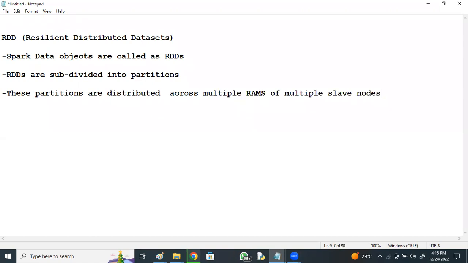So Spark data objects we call RDDs; RDDs are subdivided into partitions. These partitions are distributed across multiple RAMs of multiple slave nodes and are processed parallelly.